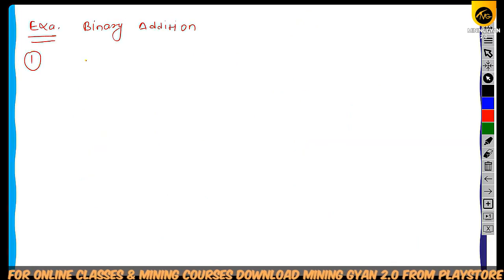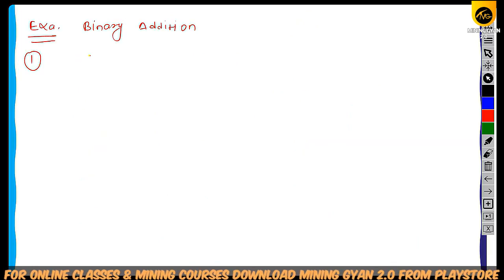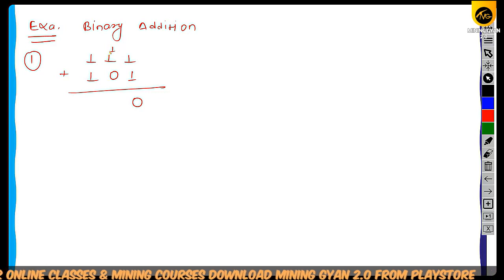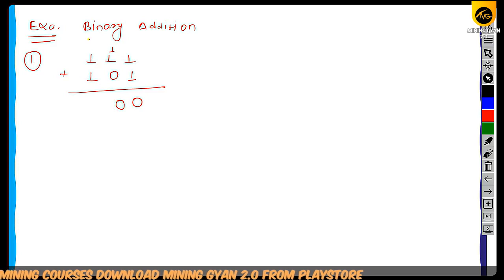The first example: suppose we have the number 1 1 0 1, and the second number is plus 1 0 1 1. So 1 plus 1 will be 0, and the carry is in the next column. Again 1 plus 1 will be 1 0, so 0 is here, and the carry will be in the next column.